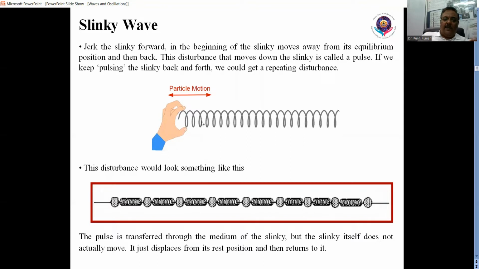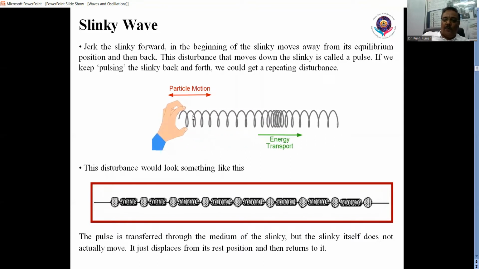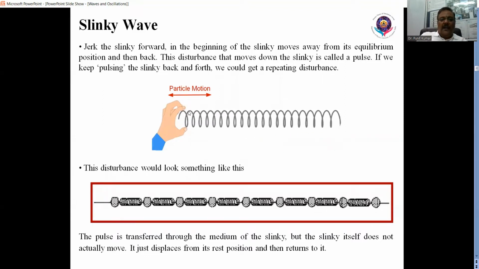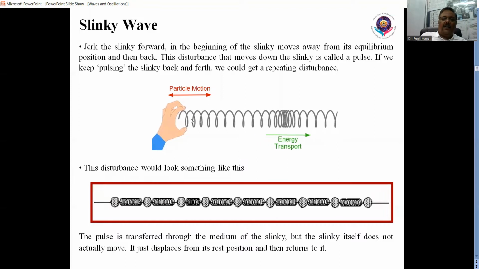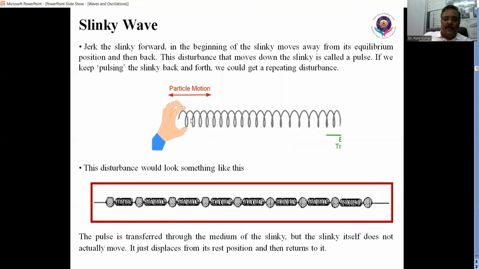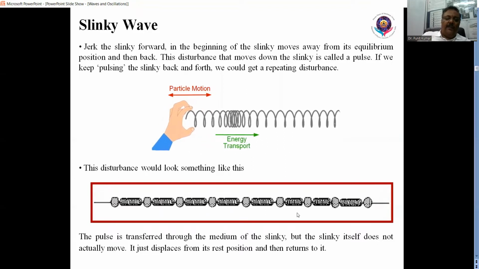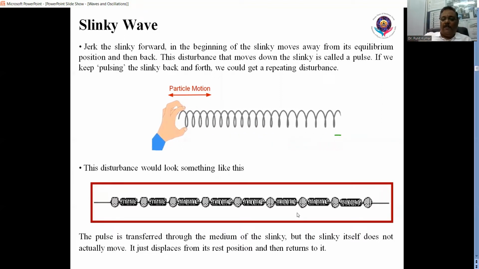This disturbance, which was excited by a single push, is called a pulse. And if we keep on repeatedly pushing again and again, we get a repeating disturbance. And this repeating disturbance will look something like this. If this happens at a higher pace, then it will be continuous.